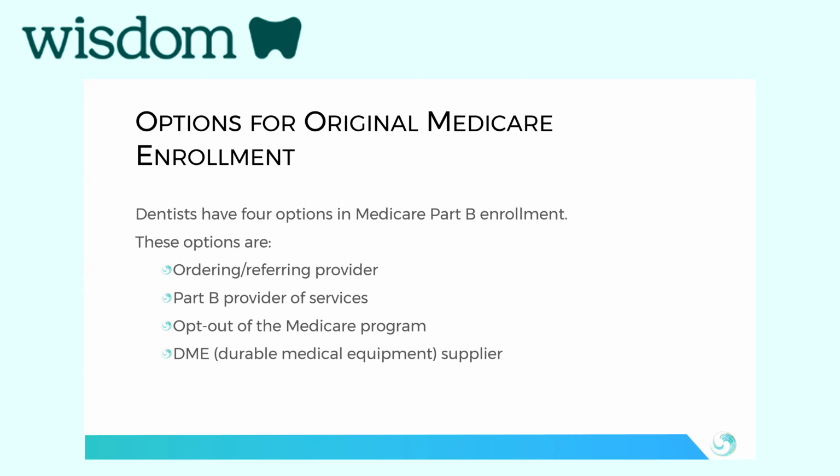So again, we fall under Part B under Original Medicare. So enrollment means that as a Part B provider, you have 5 options. What's that 5th option? Let's start there. You can continue to ignore Medicare as a provider, or you can enroll, or you can opt out. Now, each choice has consequences and implications and rules that go along with it.